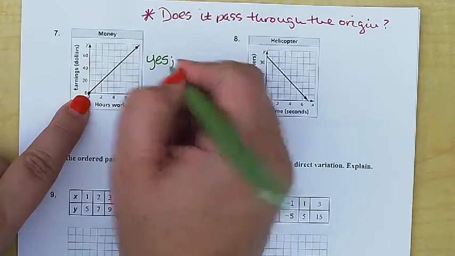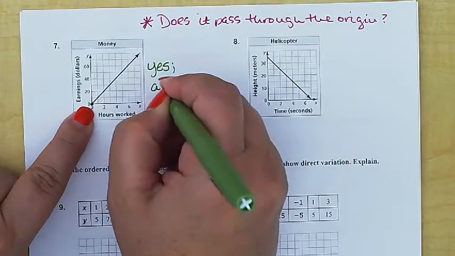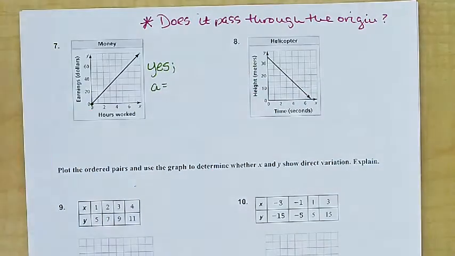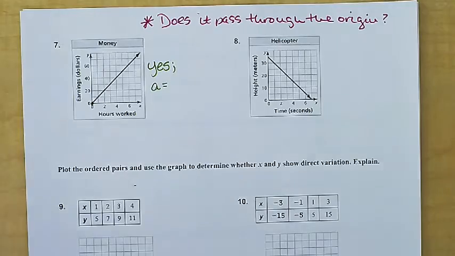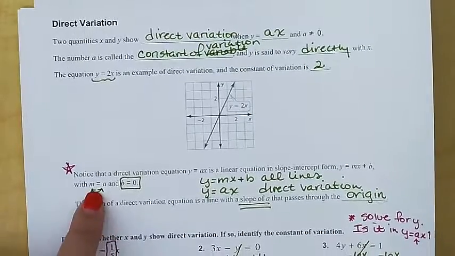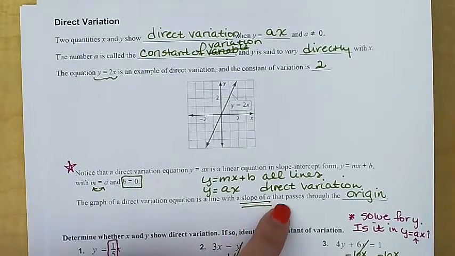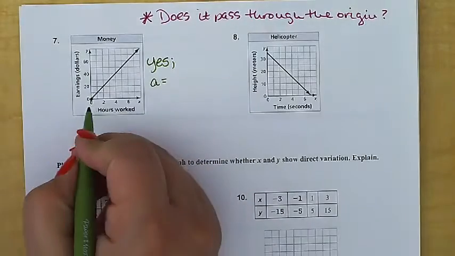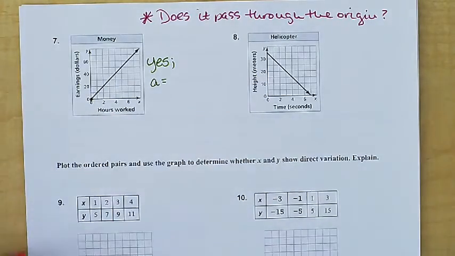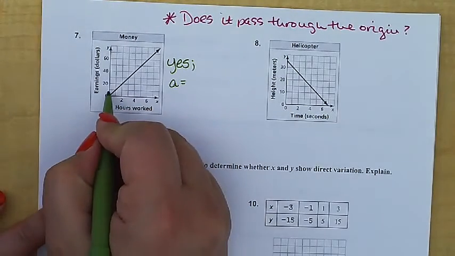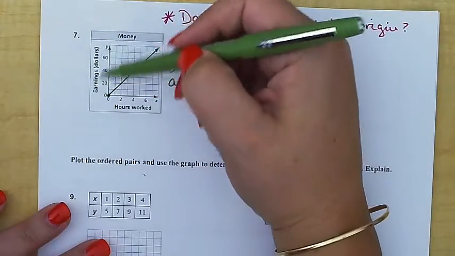However, we then have to take it a step further to find our constant of variation. So I want to remind you that our constant of variation is the same as our slope, right? We've talked about that. Oops, sorry, wrong page. It's my old answer. The constant of variation is the slope of the line. As long as I can determine what the slope of this line is, what is the rise over run, then I'm okay. Now be careful here. I can go up one box and over, up and over, but really I have to be sure that I'm understanding how much each of those is worth.